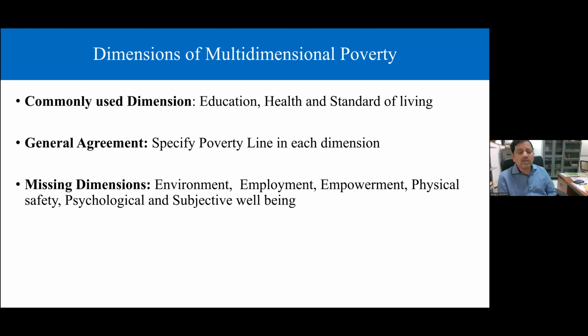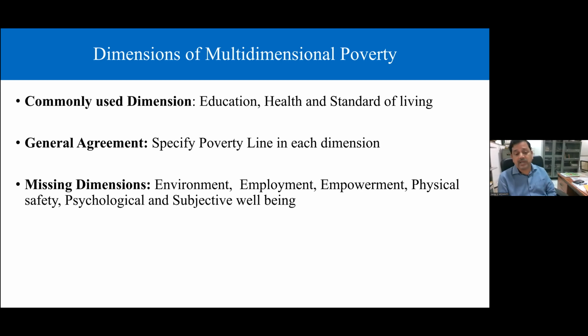Now, how does it define poverty? It specifies a poverty line for each dimension. How do you define deprivation in education? How do you define deprivation in health? How do you define deprivation in standard of living? Taking all these three, how can they be summed up?